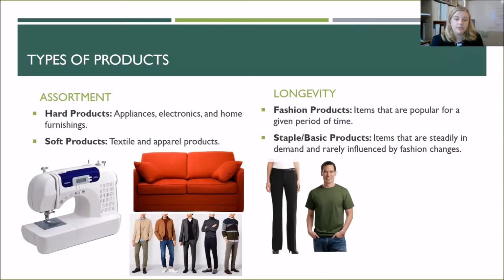You could also consider a couch a hard product because it is a more large-scale home furnishing that incorporates textiles. And then your soft products are just really referring to anything made with fabric, so textile and apparel. And this can include accessories as well. So that example would be with the men's outfits that you see under the couch.